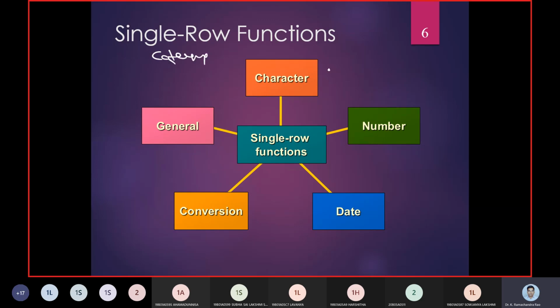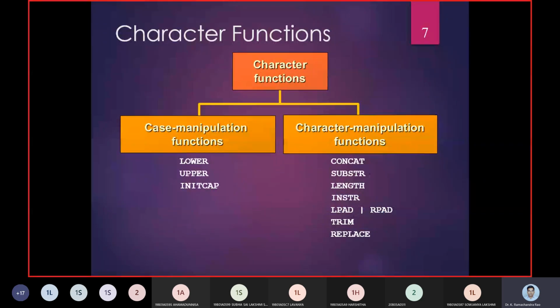The first category was character, second was they work with number, third they work with date, fourth with some conversions, and fifth one was a general way of representing the single row functions. Now we will look in detail at what are the character examples, number examples, date examples, conversion examples, and general examples.